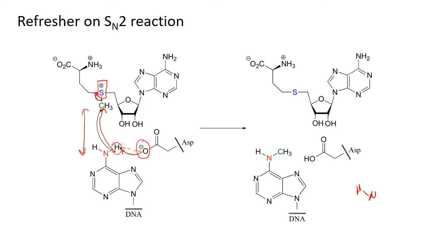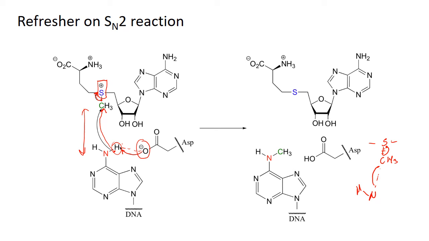H, and we have a partial bond forming with CH3S, right? And this bond right here at this stage is also a partial bond. So when this bond forms, this bond is broken.